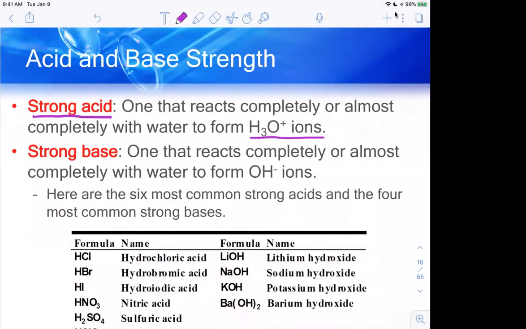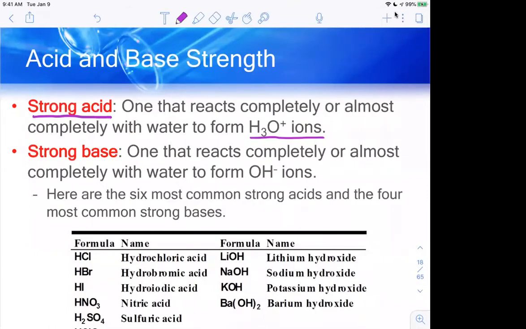So basically, if HCl dissociates in water, ionizes in water, I don't have any intact HCl molecules. What I do have is all of the HCl that was present in the solution has now ionized to form H3O plus and Cl minus ions.